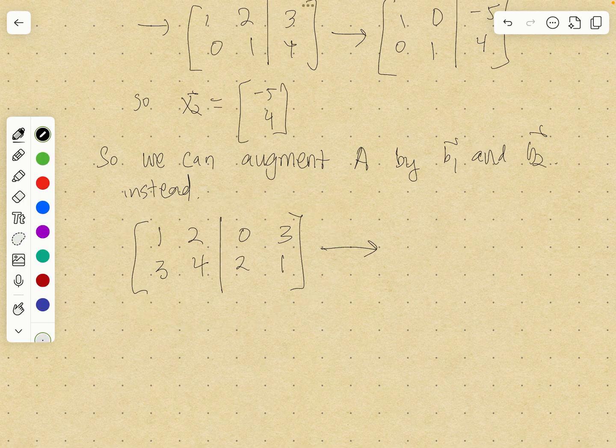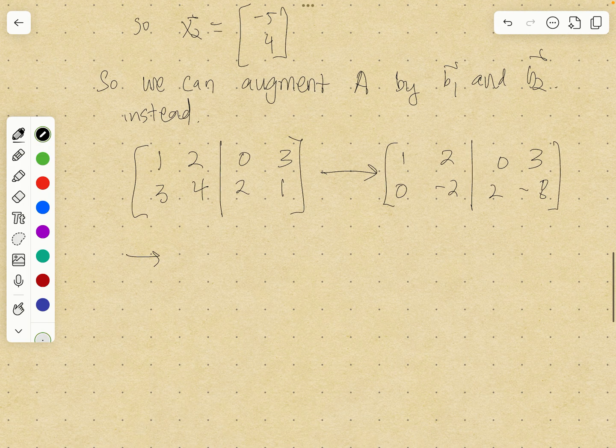And if you do that, well, it's exactly the same, right? You're just row reducing this matrix. So you do row 2 goes to row 2 minus 3 row 1, and then that will give you this. And then you divide row 2 by negative 2, and that will give you this.